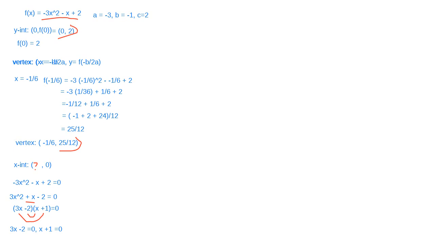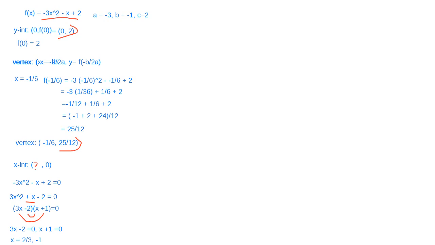I solve this and get 2 solutions. So first I add 2 on both sides. I get 3x equals 2. Then I divide by 3, so I get x equals 2 over 3. For the second equation, I subtract 1 on both sides. I get x equals negative 1.